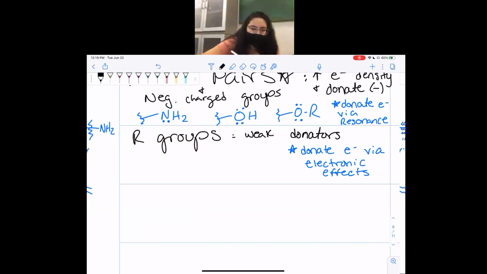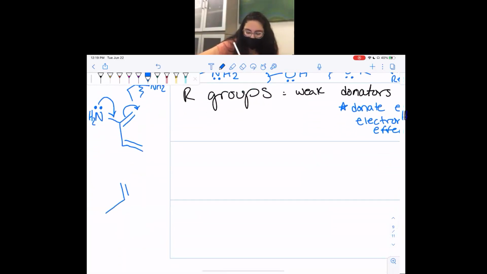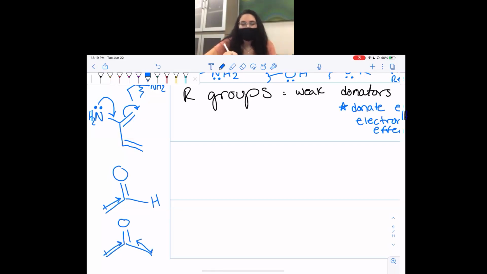And we basically said that if we have the aldehyde versus the ketone, the methyl group over here will donate some electron density. And in the ketone, we have double the donation, right? So it's a similar concept here.